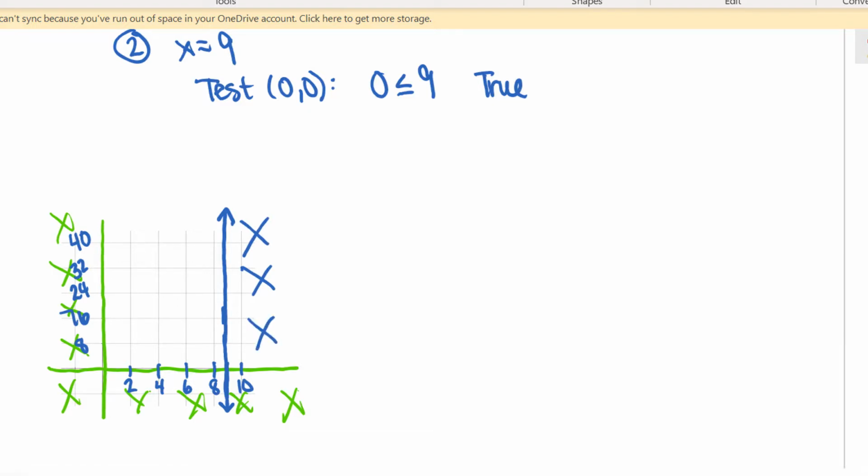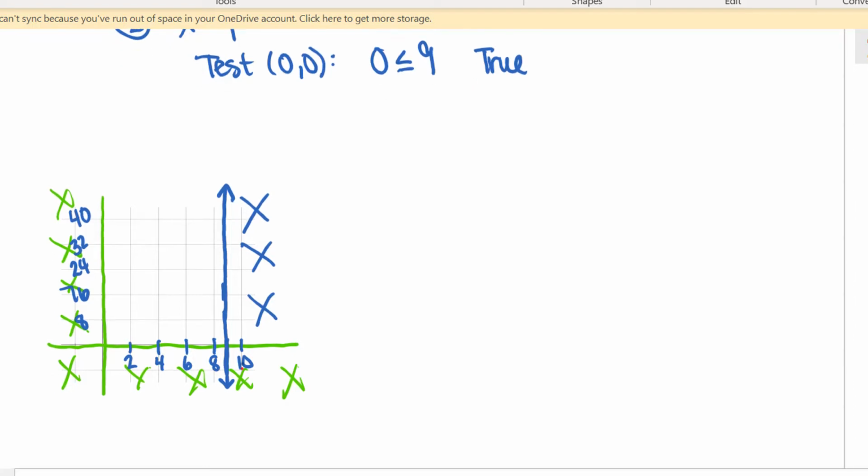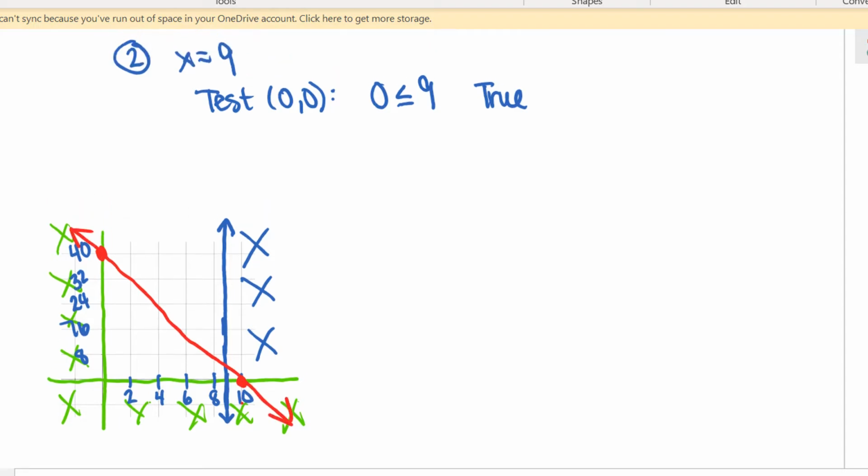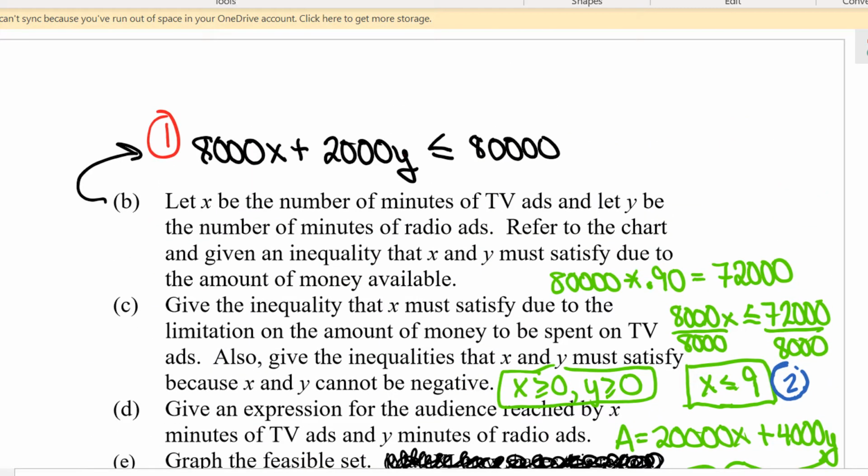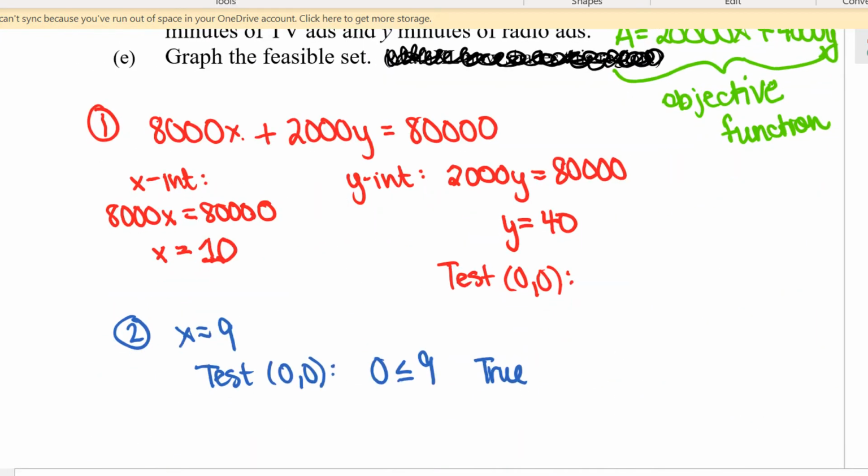And then for line 1, the x-intercept was 10 and the y-intercept was 40. And 0, 0 is not on that line, so we can use 0, 0 as our test point. If I do that, I would get 0 plus 0 less than or equal to 80,000, which is true.